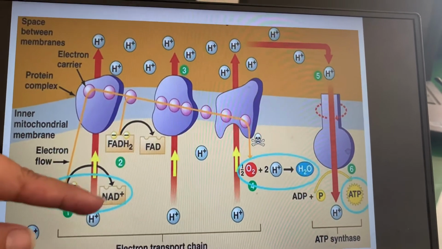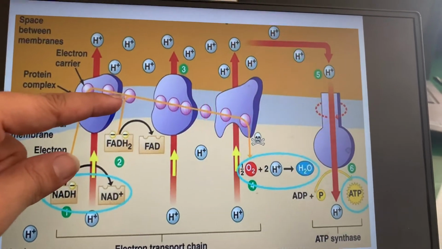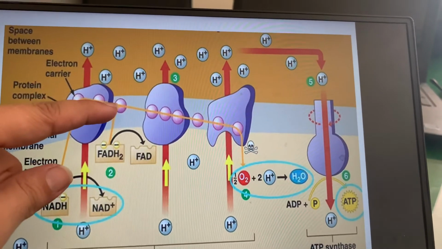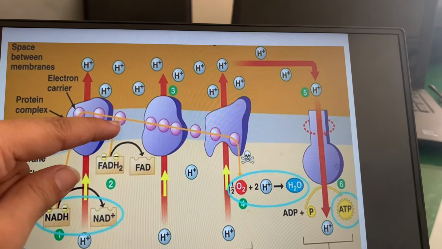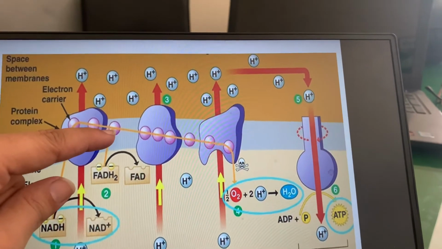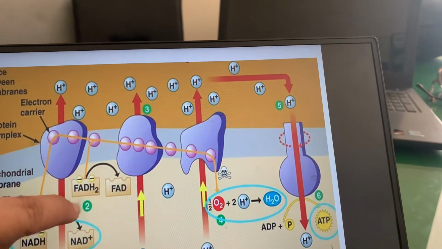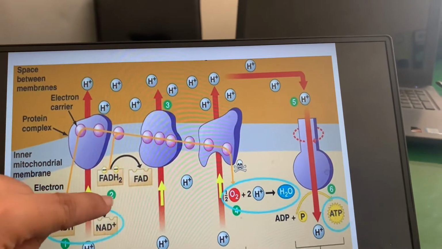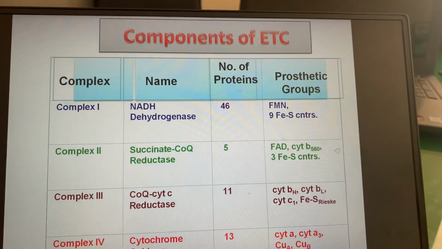In the next step, these electrons flow from complex 1 to the carrier, cytochrome coenzyme. Then comes the second complex of the protein, which has 5 proteins.